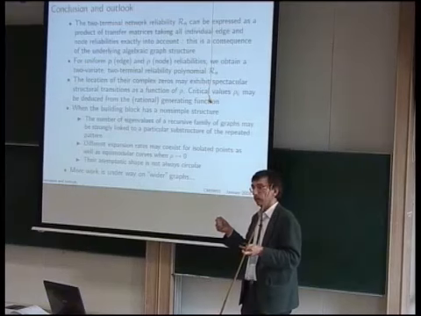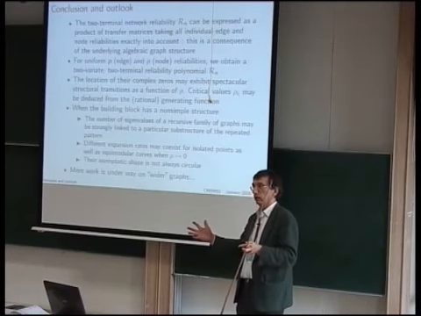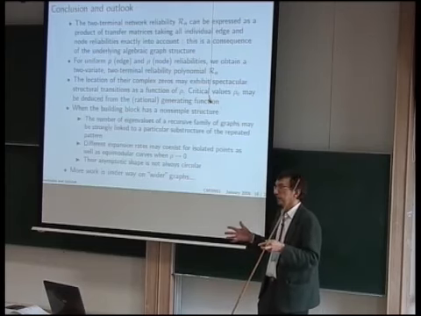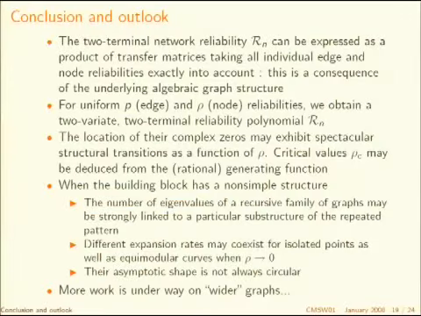Just by changing one parameter, you can see the evolution of these zeros from a very simple structure to maybe a different structure. And when the building block has a non-simple structure, the number of eigenvalues may be strongly connected to a very specific substructure of the repetition pattern. And of course, you may have coexistence of isolated points and equimodular curves. And the asymptotic shape is not always circular, because you may have some small regions in which this happens.